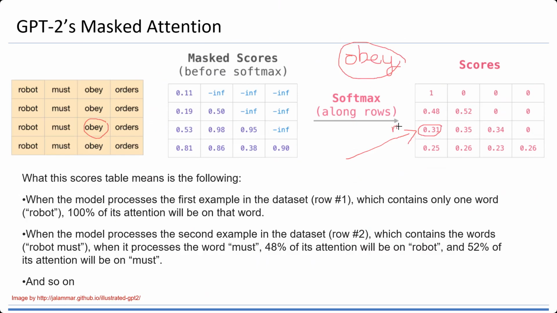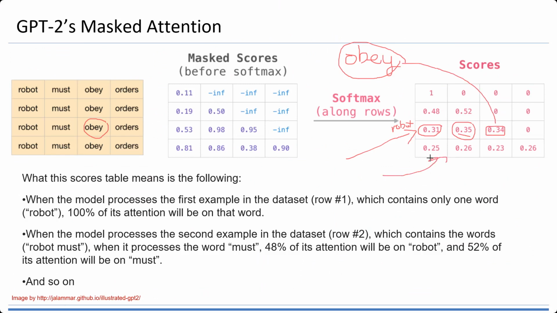The attention to the word must is 0.35. And the attention to obey itself is 0.34.